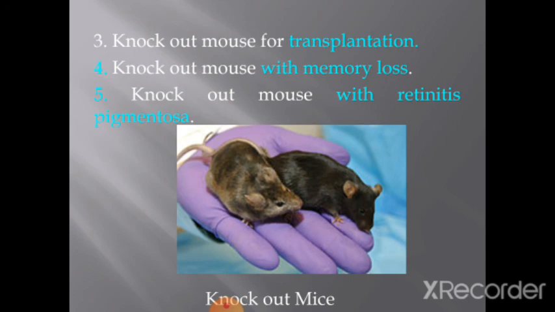Here I have shown you the photograph of the knockout mice, which can be used for particular experiments. So this is all about the production of transgenic mice through the embryonic stem cell culture method and then knockout technology and its significance.